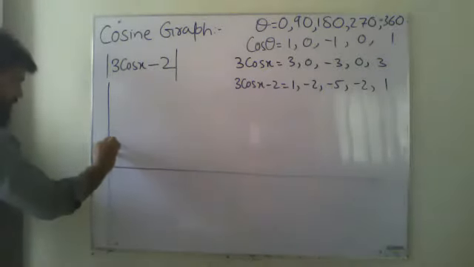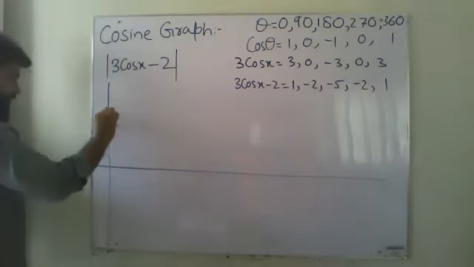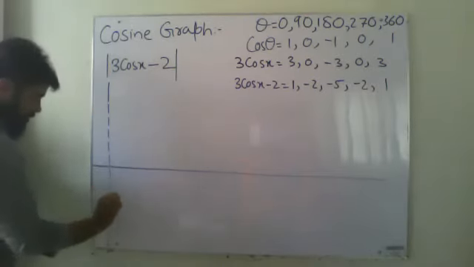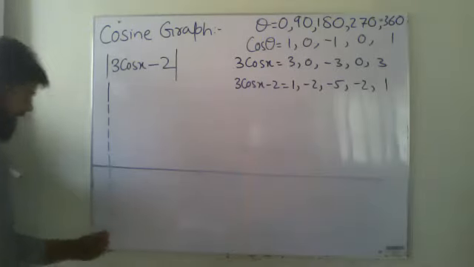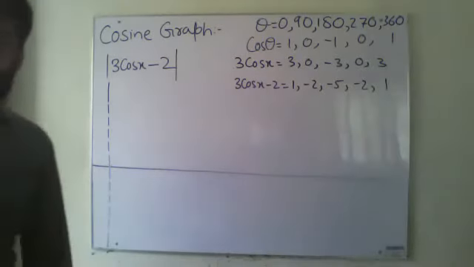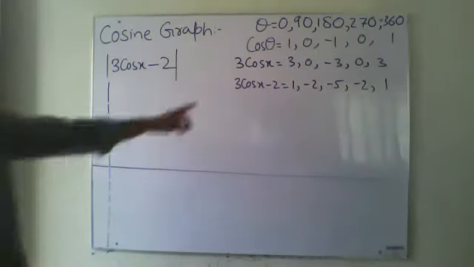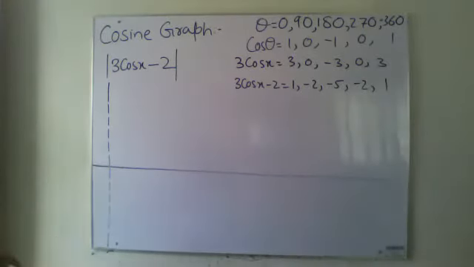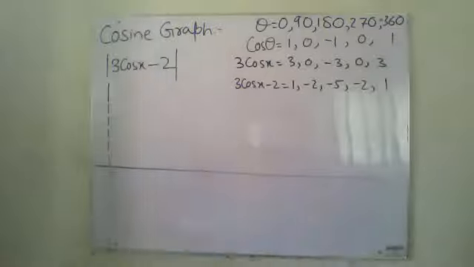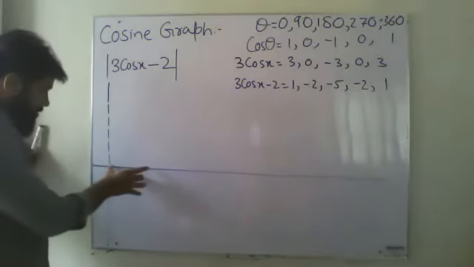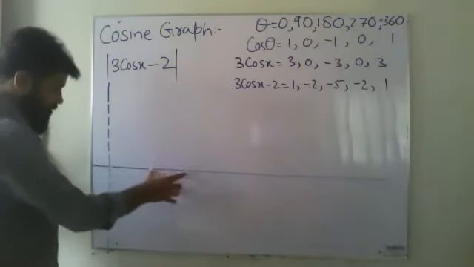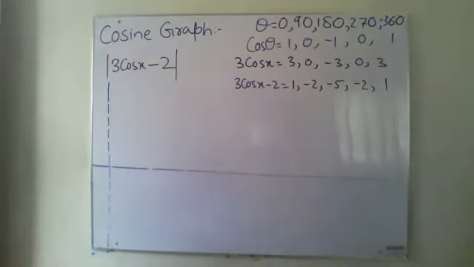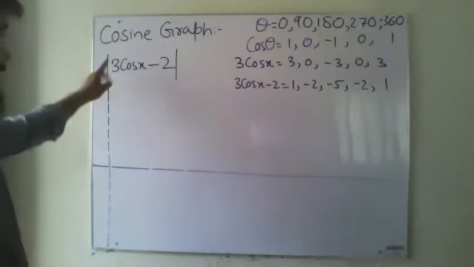Okay, so now drawing my graph over here, 1, 2, 3, 4, 5. I've already told you, I'm again telling you guys, don't apply your modulus directly on values. First plot your graph. After plotting your graph, you will apply the modulus sign.